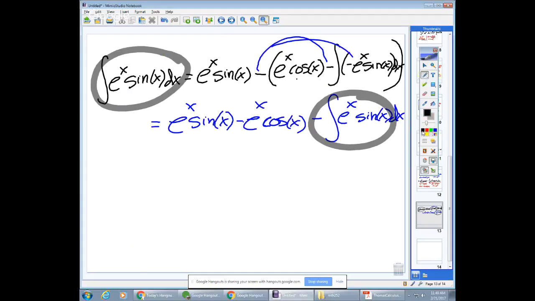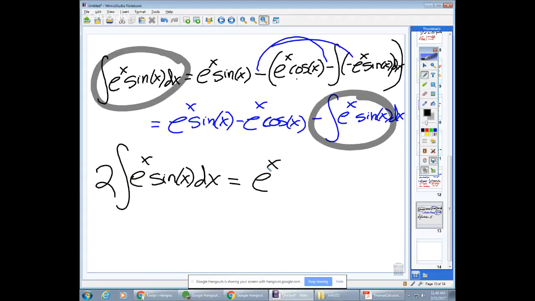So if I add that to the other side, then I will have 2 of these crazy integrals of e to the x sine of x dx, and they have to be equal to the other stuff, which I'm going to rewrite as e to the x times the sine of x minus the cosine of x. All I have to do is divide by 2. And I have an antiderivative.